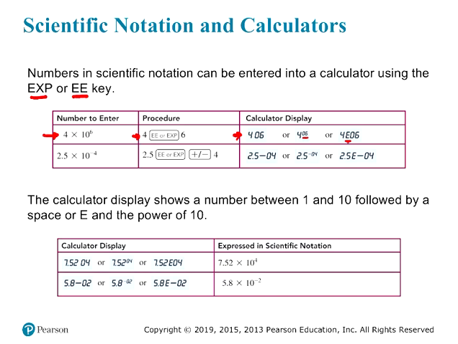Now, what if you have a negative power of 10? So let's say your value is 2.5 times 10 to the negative 4th. You would want to type in 2.5 and then hit the EE or exponent button, and then the negative button, and then put in 4.